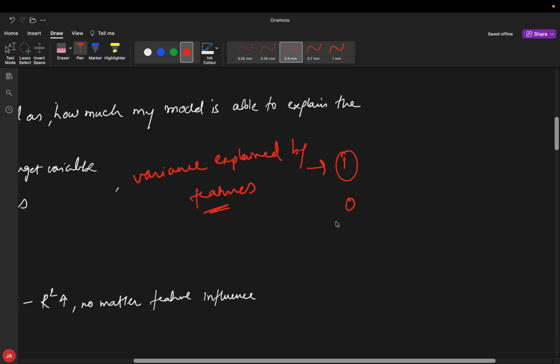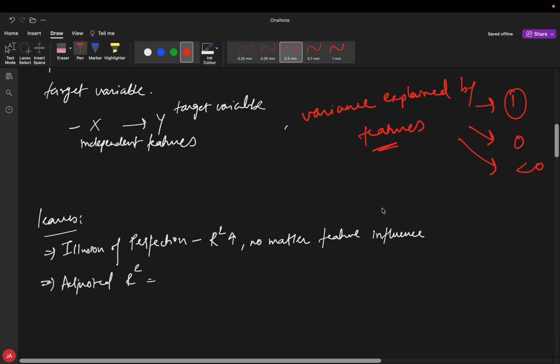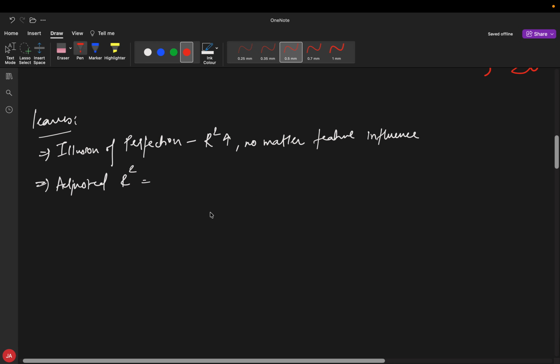If it is as good as the mean model, it would be 0, and if worse, it would be a negative value, less than 0.